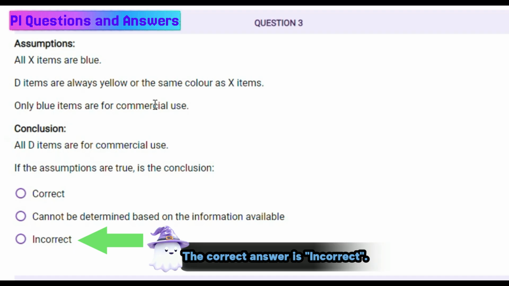Therefore, if a D item is blue, it is for commercial use, but if it is yellow, it is not. The conclusion claims all D items are for commercial use, but this is only true if all D items are blue. Since D items can also be yellow, the conclusion is not always true. Thus, the conclusion is incorrect.